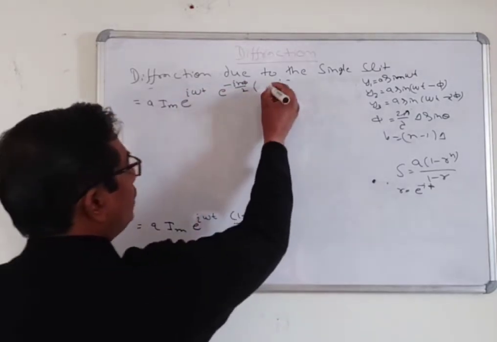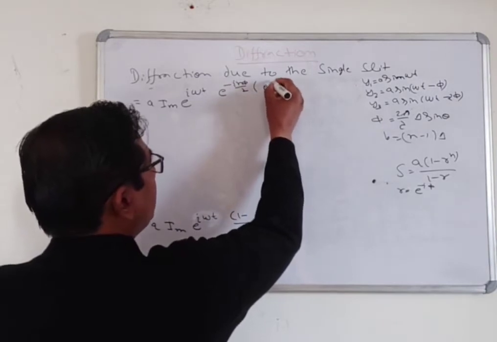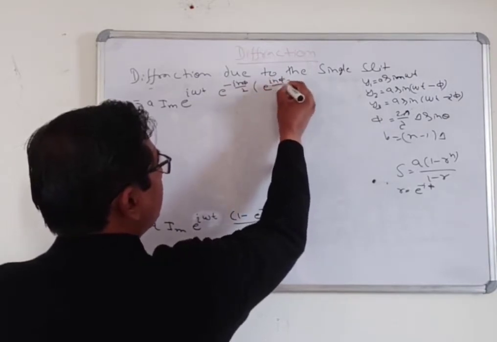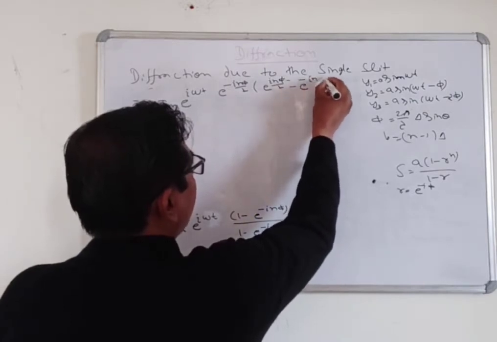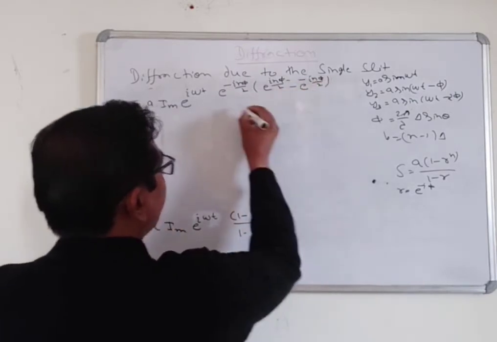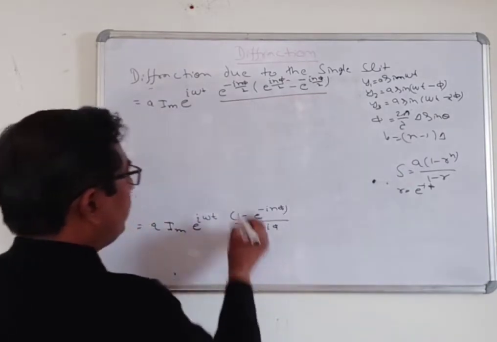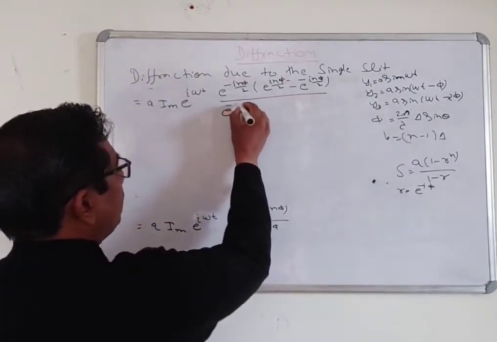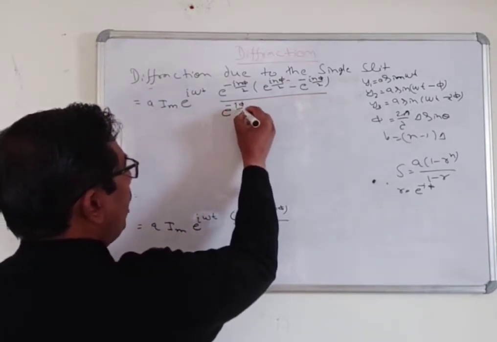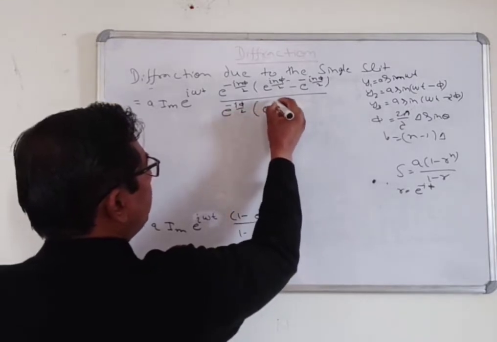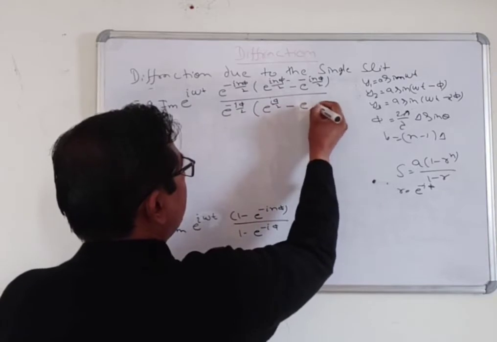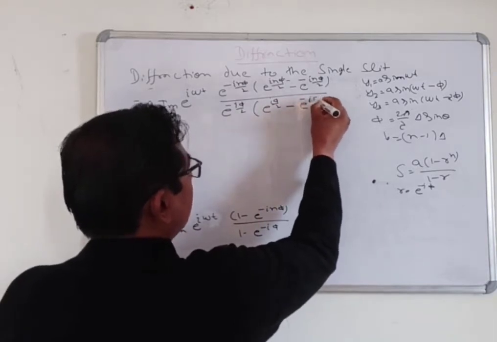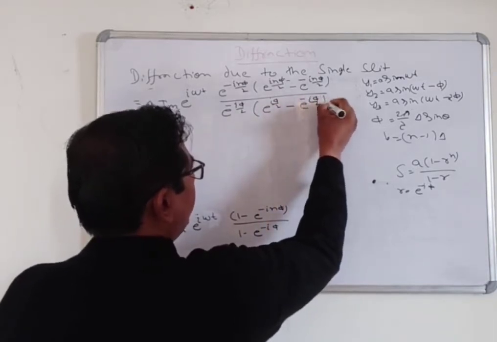In this term, you can write it like that: e to the power i n phi by 2 minus e to the power minus i n phi by 2. In the denominator, we will take the common factor: e to the power i phi by 2 minus e to the power minus i phi by 2.